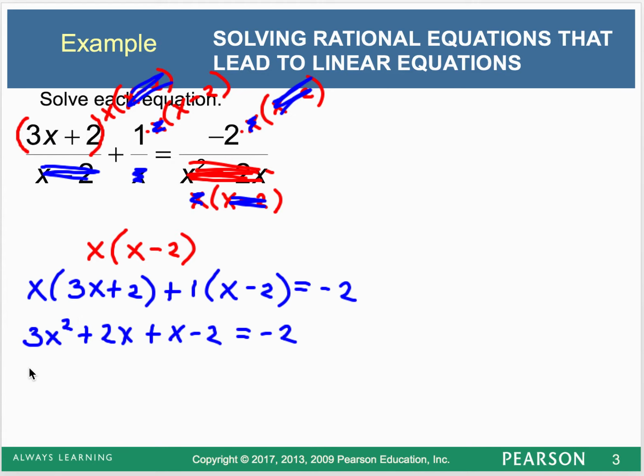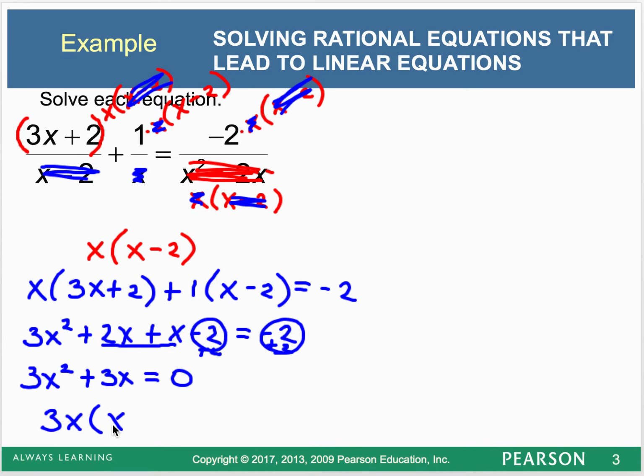As I'm rewriting it, to set it equal to 0, I'm going to go ahead and combine these terms. So plus 3x. And then look, plus 2, plus 2. So both of those go away. That makes it easy to factor. I can just factor out that common factor of 3x, and that leaves x plus 1 equals 0.